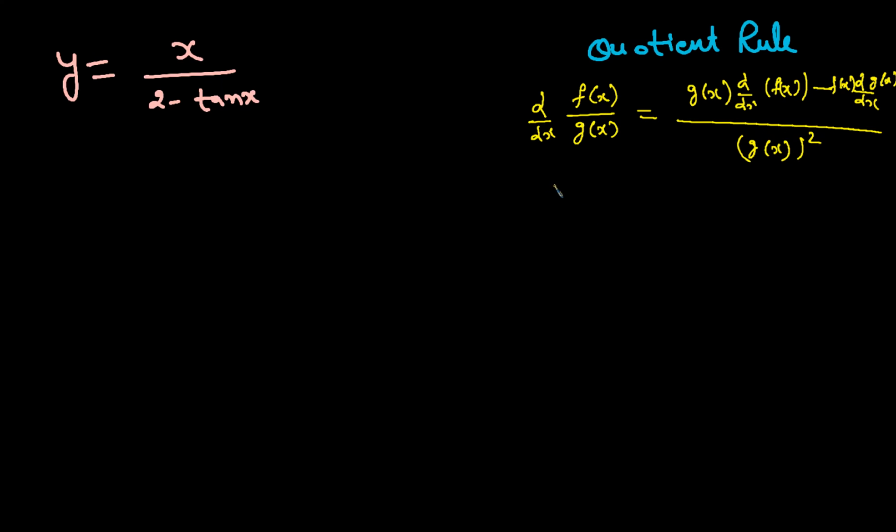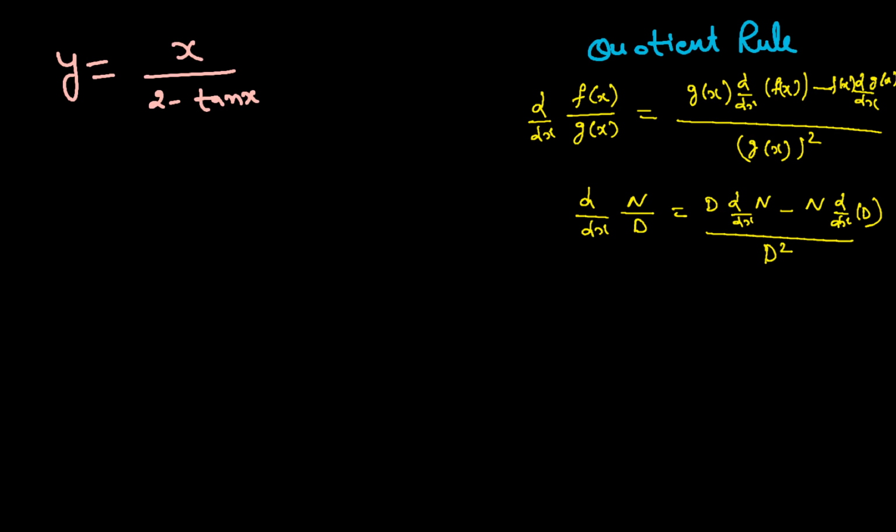To remember it, what I do is I always use it like this. I'll say d over dx, the numerator is n, the denominator is d, so I'll say d, the denominator, times the derivative of the numerator, minus the numerator times the derivative of the denominator, over the denominator squared. Okay, so let's do that.